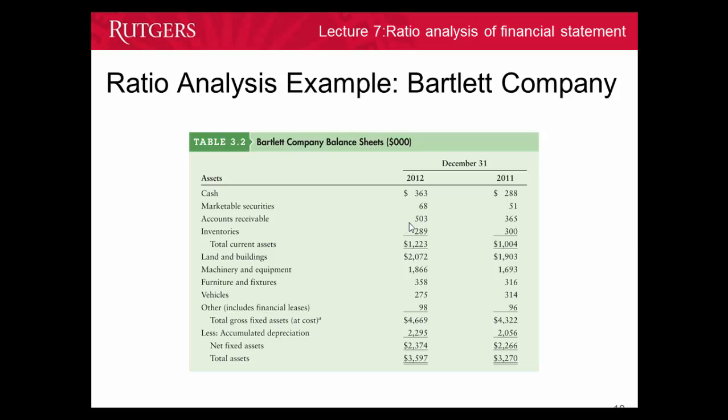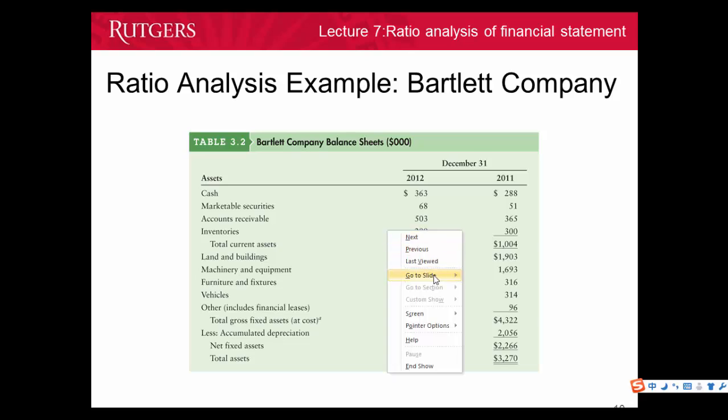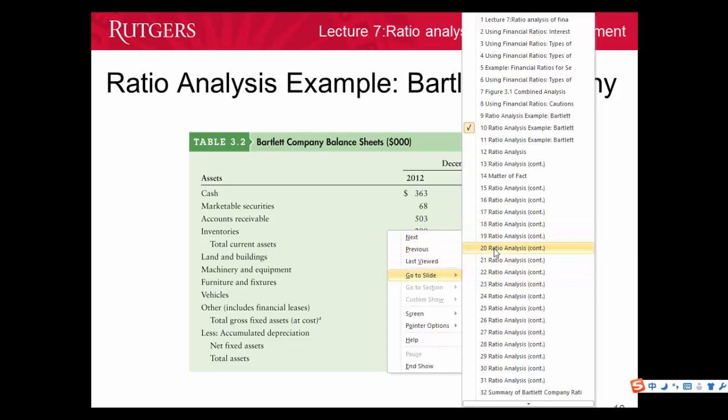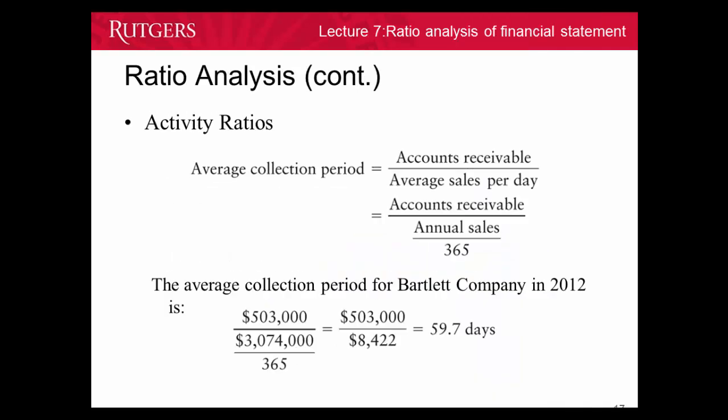Account receivable is 503,000. So we go to the calculation. After the calculation, we obtain the average collection period is 59.7 days. However, actually we need to notice that for 2012, we need to use 366 as the number of days.